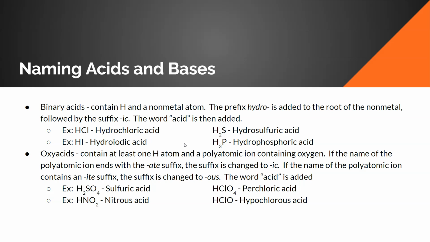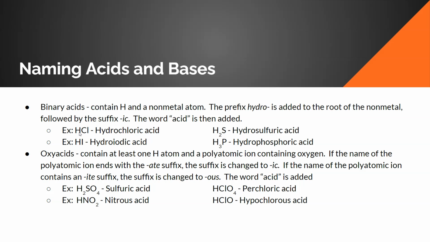The first are called binary or non-oxy acids. This is hydrogen and some nonmetal anion. With their nomenclature, you change the hydrogen to the prefix hydro, then take the root of the nonmetal's name and add the suffix -ic, and then add the word acid.